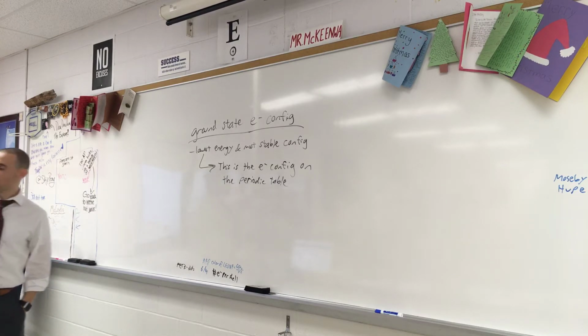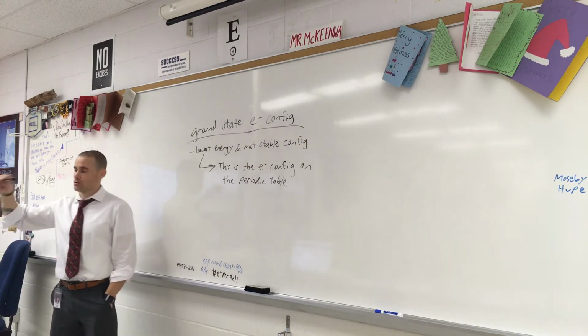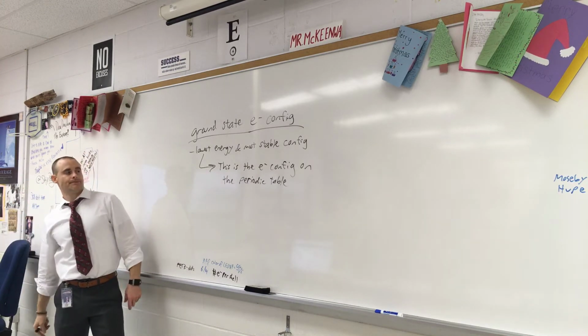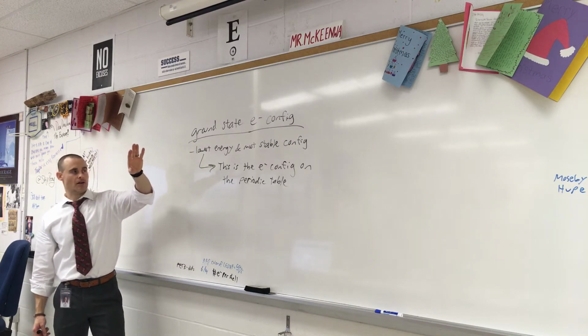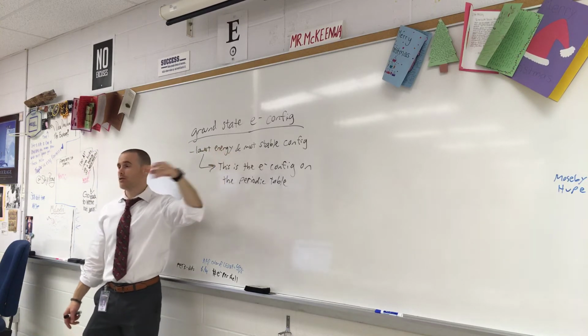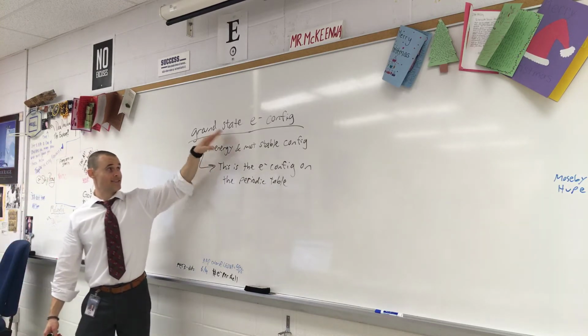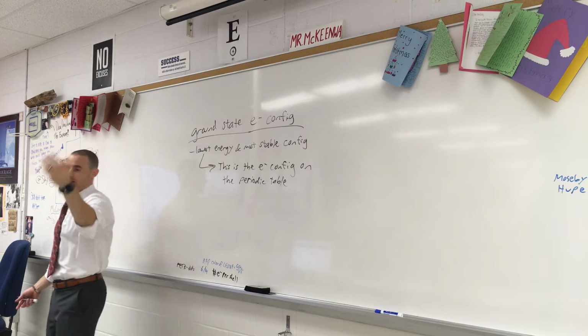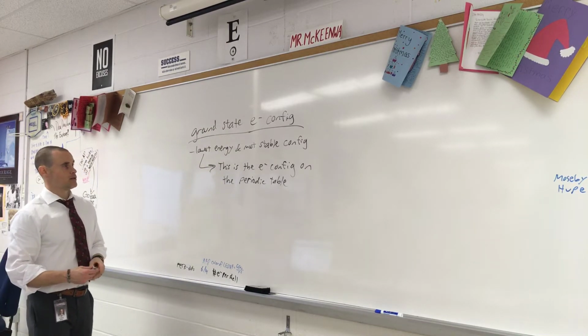Whatever it shows on your periodic table, in your reference table, that's your ground state. That's as clear as I can be. All right, the whole lowest energy and stable, that's on you to remember. But as far as where to look it up, it's right there, so you don't have to memorize that. Okay. So that's the ground state.